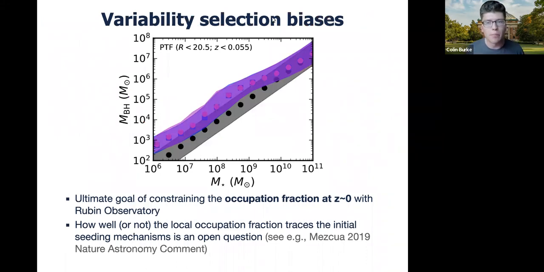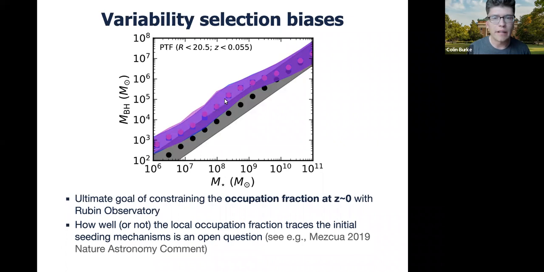We can do a little bit more since we have a forward model of AGN variability. And so this is plotting the black hole mass versus host galaxy stellar mass that we can recover from variable sources. And as shown in gray is the input host mass, black hole mass scaling relation from Reines 2015, I think it is.